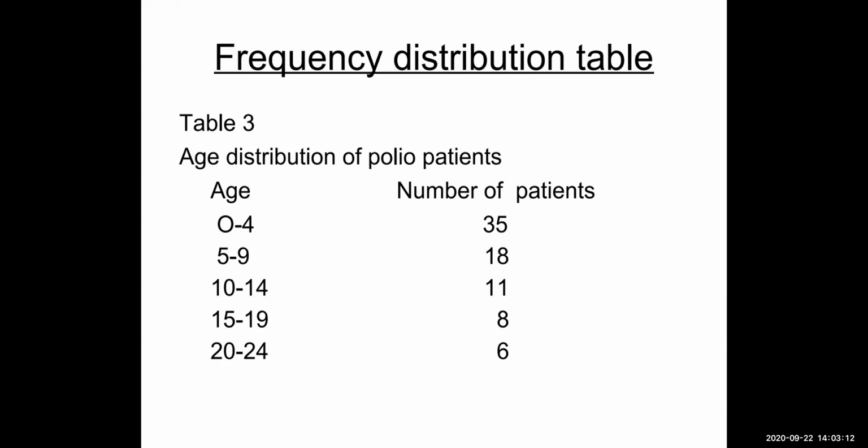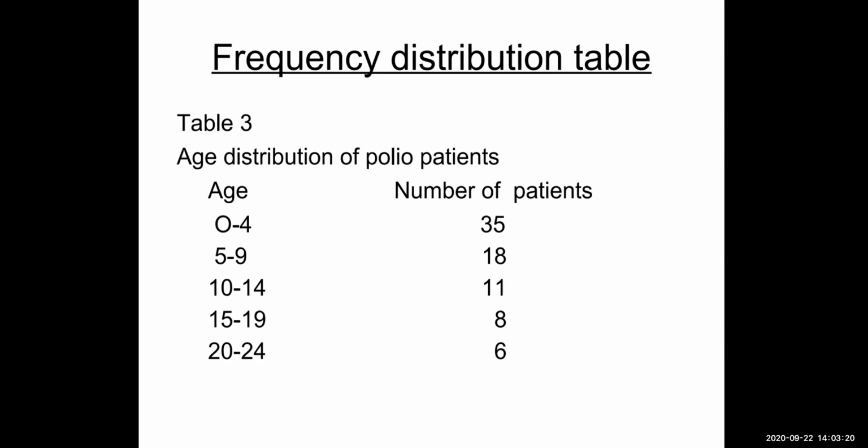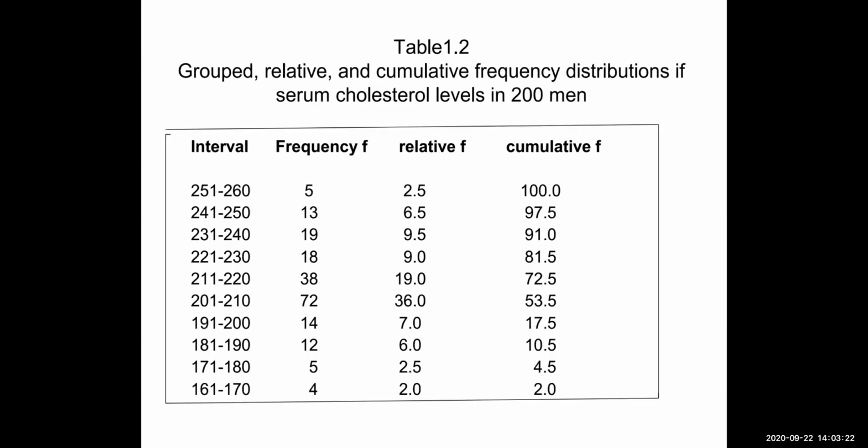And from this table, I can make out that more patients are falling under the age of 0 to 4. So this way, a good table should be the one from which you can easily compare and analyze the information.